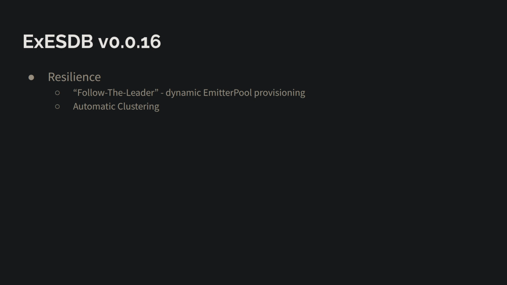In this iteration, we will be working heavily on resilience, follow the leader principles, which means that emitter pools will follow the Khepri or the Ra leader node. If the leader would go down, obviously we don't want our subscriptions to stop. So this is an important aspect.